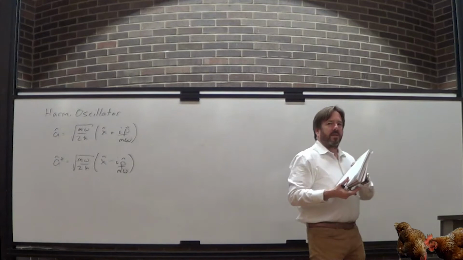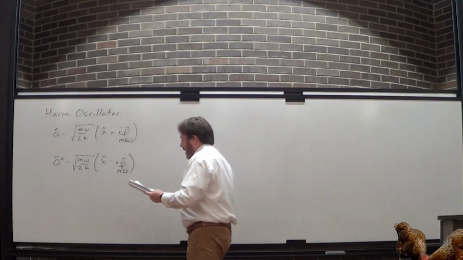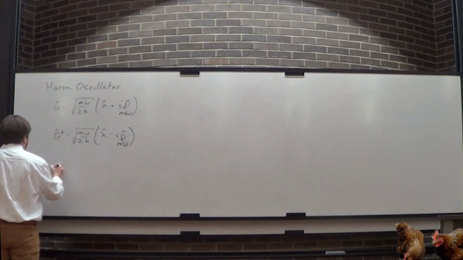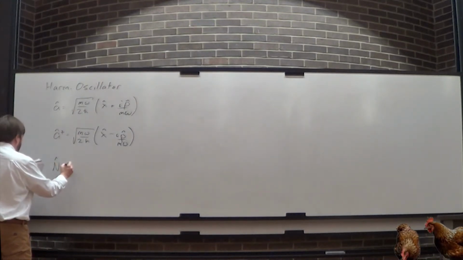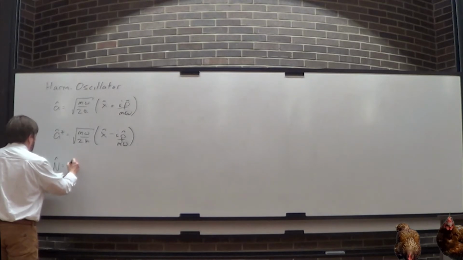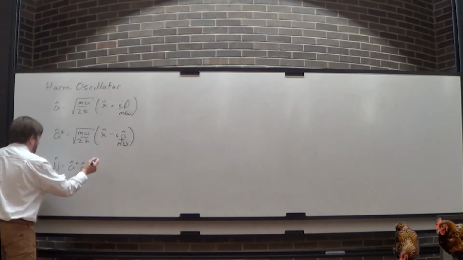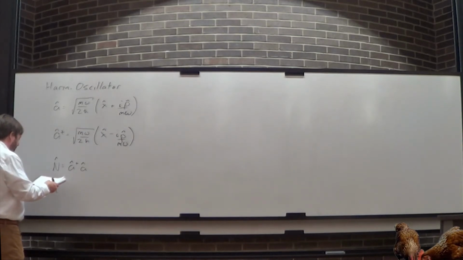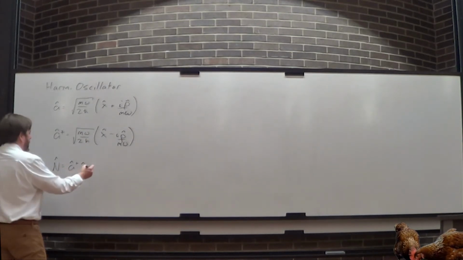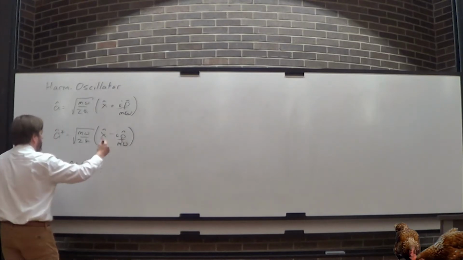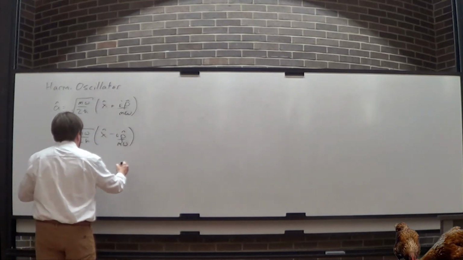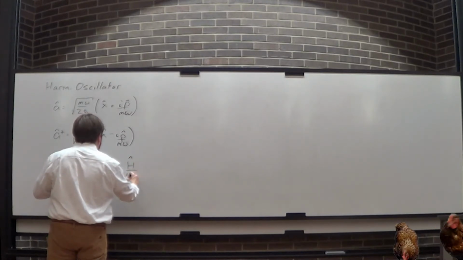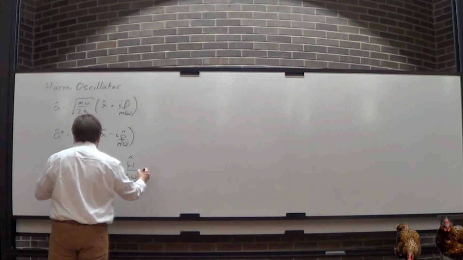Okay, so we have these two operators, and now we've got to figure out what they do. The first thing we did was, when you multiply operators, you get new operators. It's kind of brainless at this point. And we figured out that when you multiply these out, what you end up with is the Hamiltonian for the harmonic oscillator.